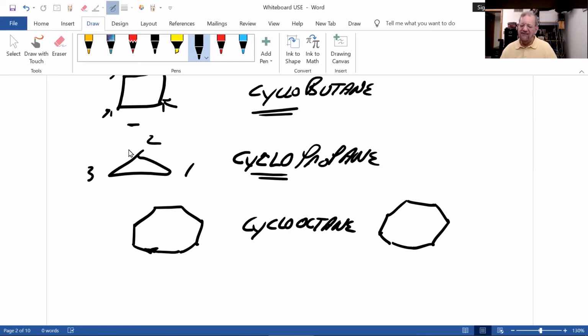When I'm driving, I think of cyclooctane a number of times. If you look next time at a stop sign, it has 8 sides. Whenever I see a stop sign, I think of cyclooctane.